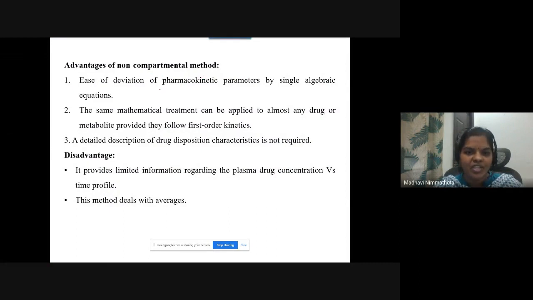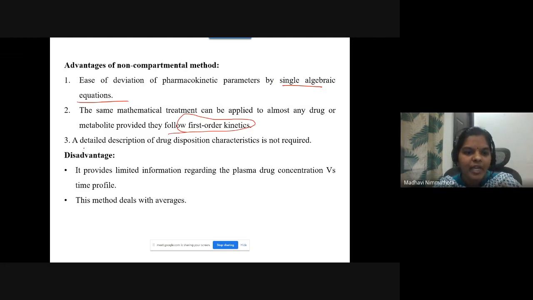And the advantages of these non-compartmental methods: ease of derivation of pharmacokinetic parameters by single algebraic equations. So without deriving any equations, we will get this pharmacokinetic analysis by using single algebraic equations. And then the method is very simple. It is applicable to all the types of drugs which follow first order kinetics.